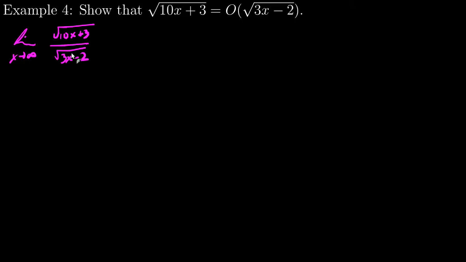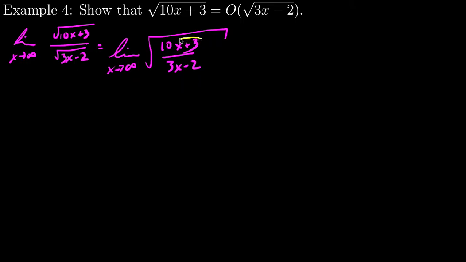But if I just start taking derivatives, I'm going to get stuck in a really, really ugly loop where I'm going to end up still having these radicals and some other numbers to boot. So that's not the best option here. The best option is to do a little bit of algebra on this and rewrite it as the limit as x approaches infinity of the square root of 10x plus 3 divided by 3x minus 2.